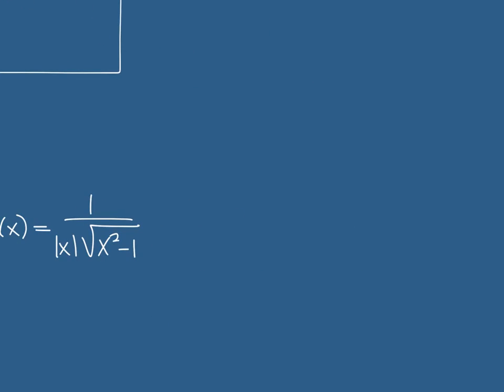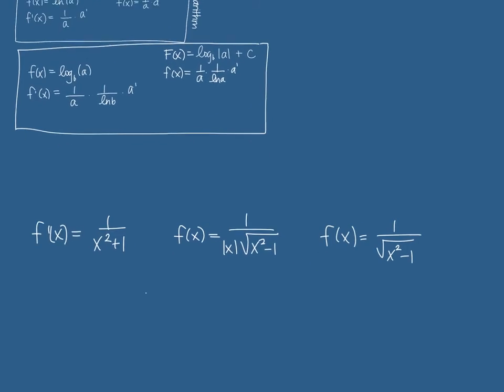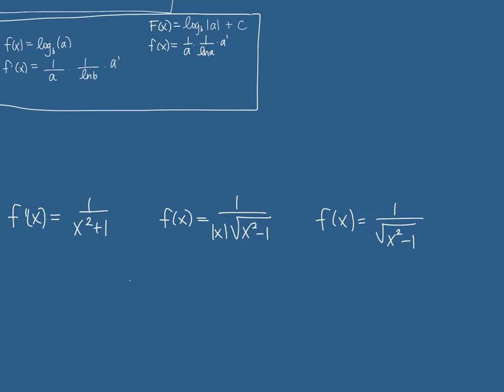And then the third one, 1 over the square root of x squared minus 1. That was a special case, and that came from a special function. So these 3 are ones that you're going to have to straight out memorize again. You memorized them the first time. Now you just have to look for those forms and remember where they came from.